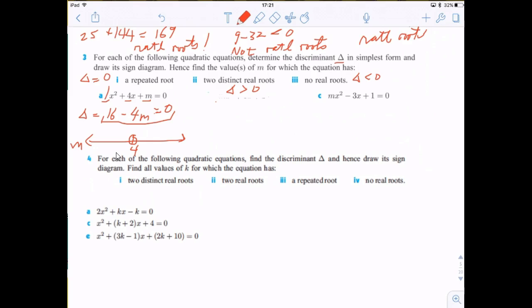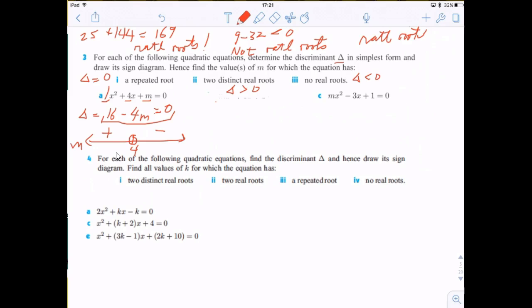Okay, that's important. Since there's no other place where m makes the delta equal to 0, all the other values are going to be either positive or negative. And if you graph this, it's going to be a nice curvy function. There are not going to be any discontinuities, so on the left side of 4, it's going to be all plus or all minus, and on the right side of 4, it's going to be all plus or all minus.